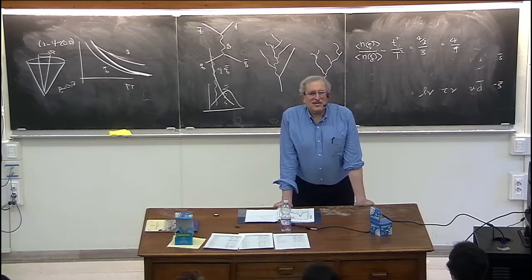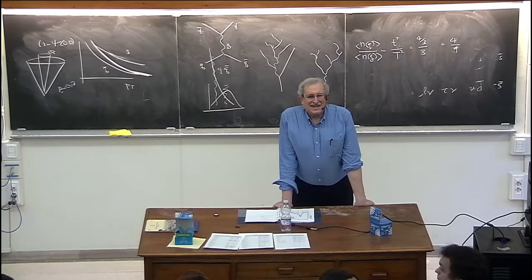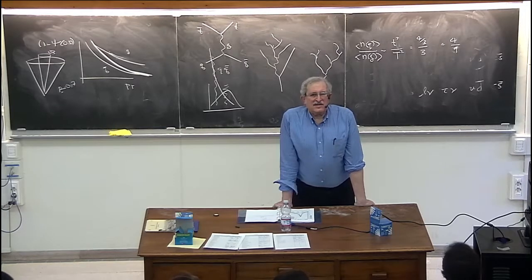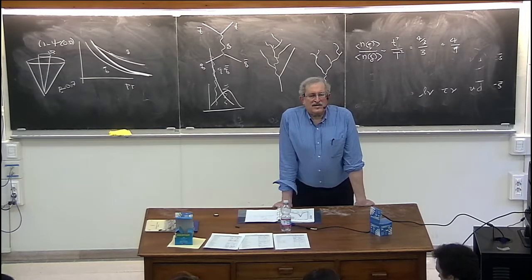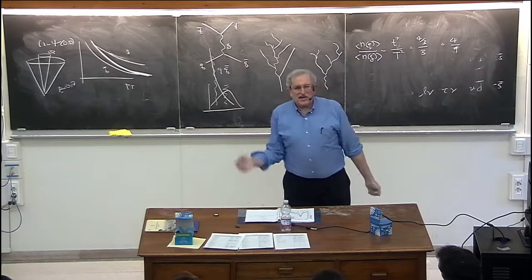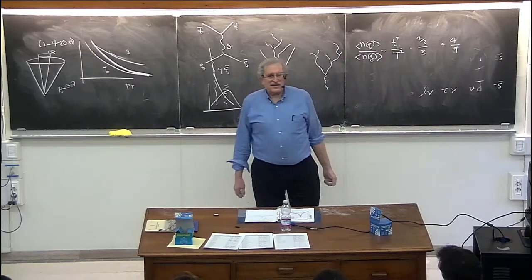Please. Oh, wait for the microphone. There's something you haven't explained that's probably worth mentioning, which is why the protons at the LHC have rapidity 9.5 and not infinity. Why is the rapidity of the proton 9.5? Yes, it's probably worth mentioning.